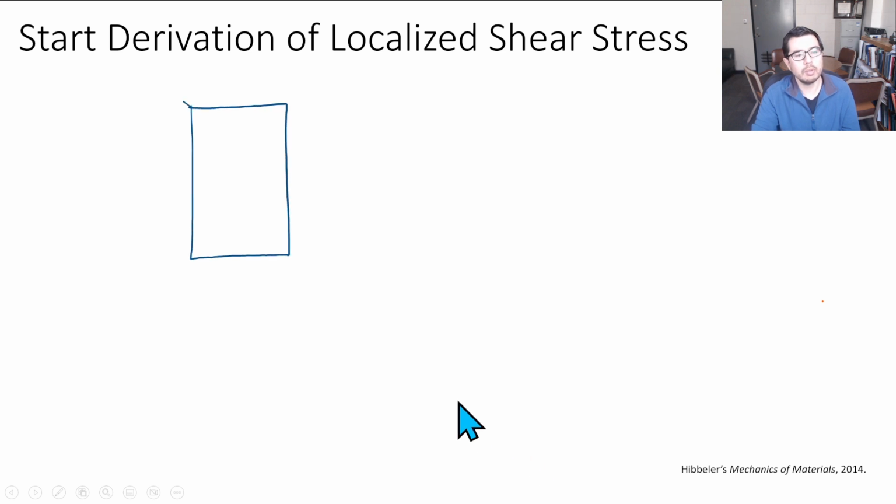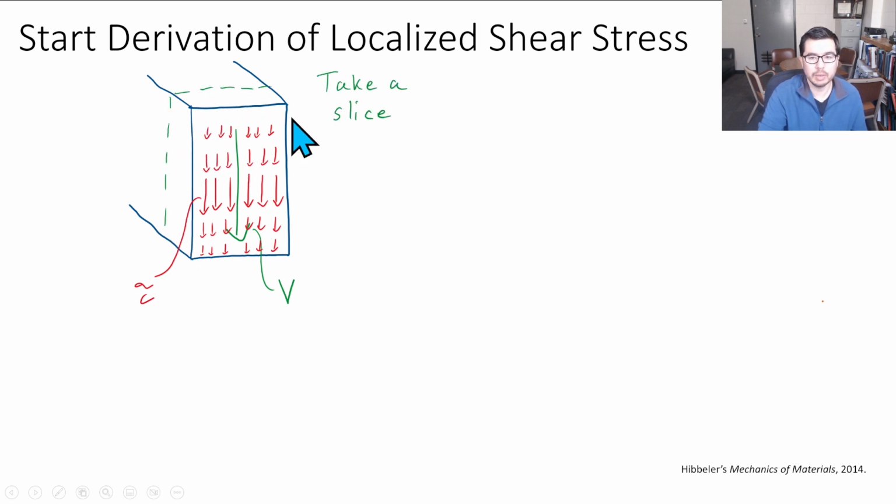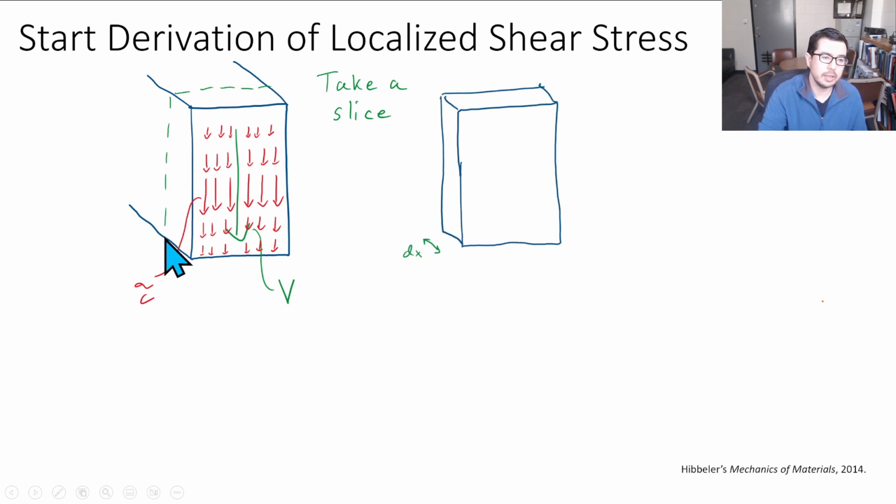So let's start with this beam that we have here, with a shear force and a distribution of shear stresses. We take a slice of this beam, and it has some width dx. This quantity right here is the dx.